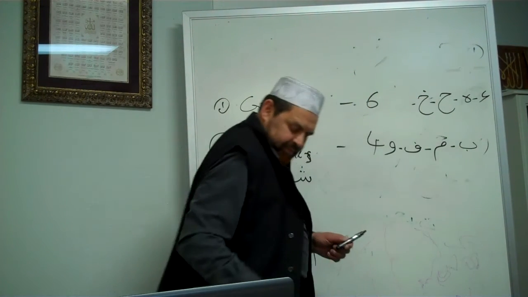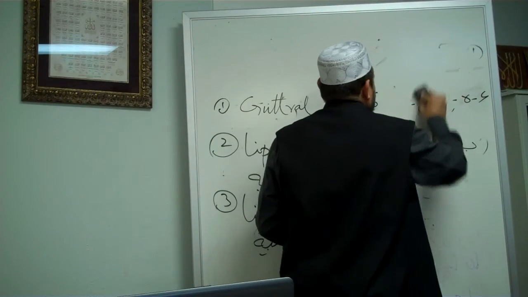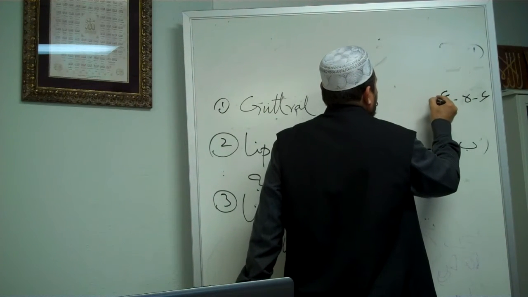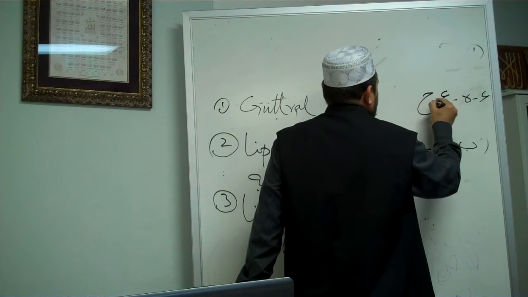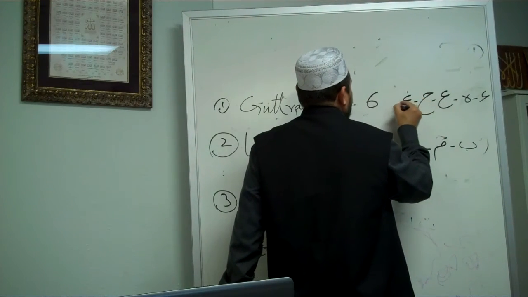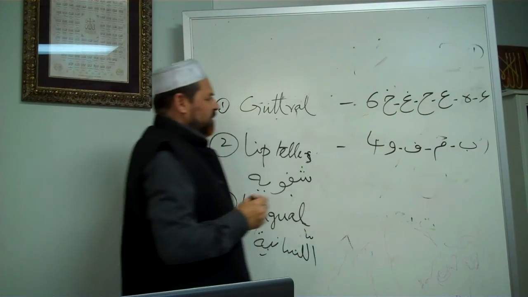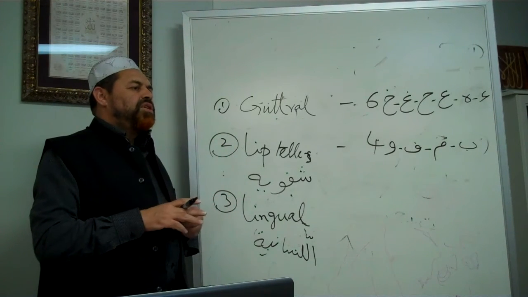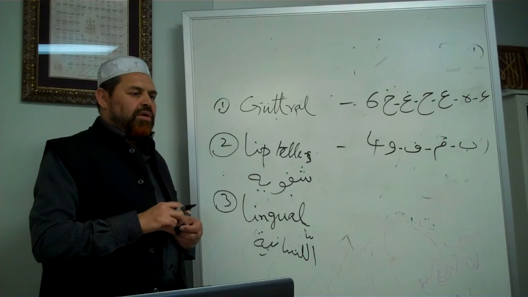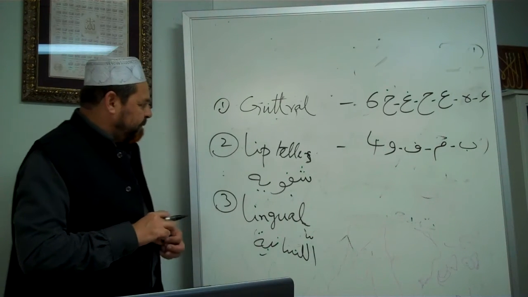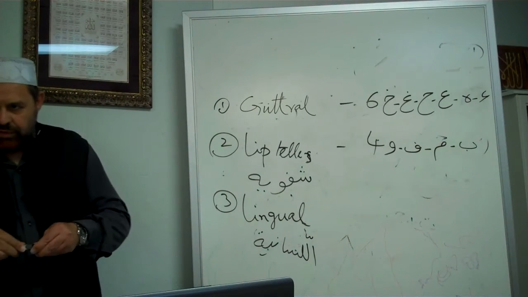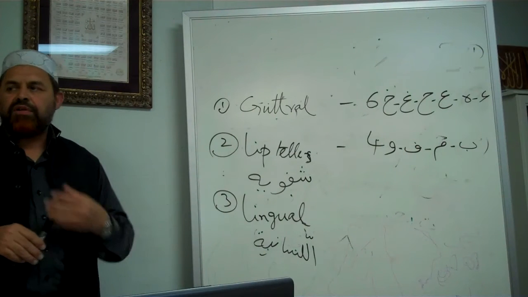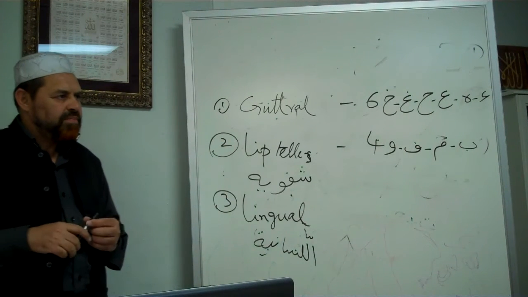Ain and ha, then ghain and kha. So hamza, ha, ain, ha, ghain, kha: 6 letters are guttural or throat letters. If you know these makharij, they are very helpful for reading the Quran as well.